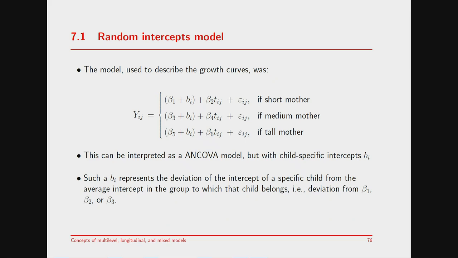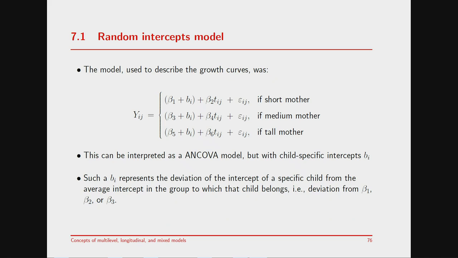So it's still the same model. It's not by adding parentheses that suddenly mathematically you would change something, but it's the way you interpret that model. Before it was just analysis of covariance where we added a random cluster effect.